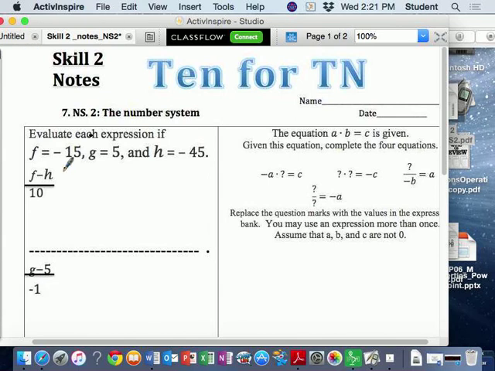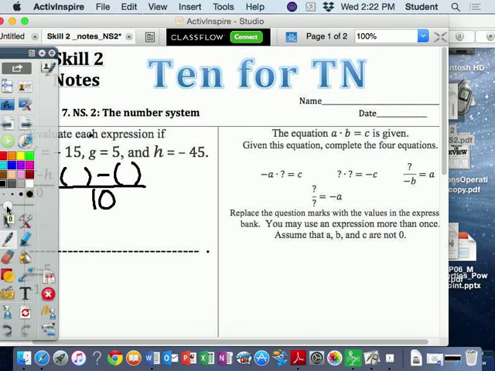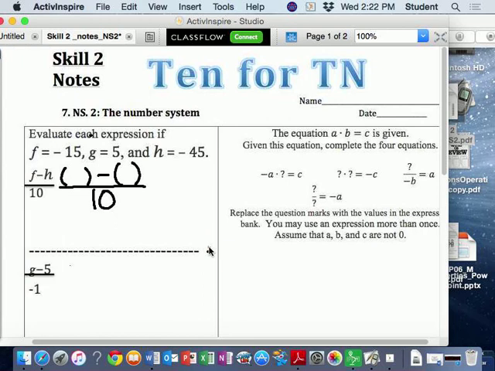All right, so let's rewrite and replace our variables with our given information. All right, so f is negative 15, h is negative 45.